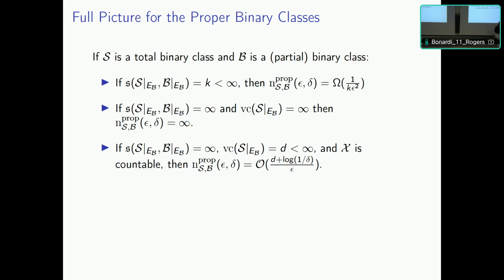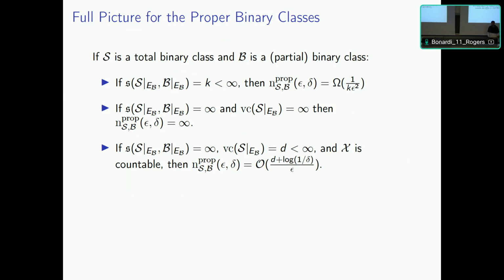However, if the mutual star dimension is infinite, but the VC dimension of the source is finite, then we actually get a fast rate of d over epsilon. Well, the additional requirement is that the domain x is countable.